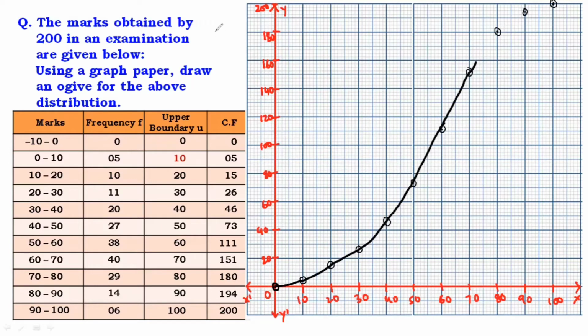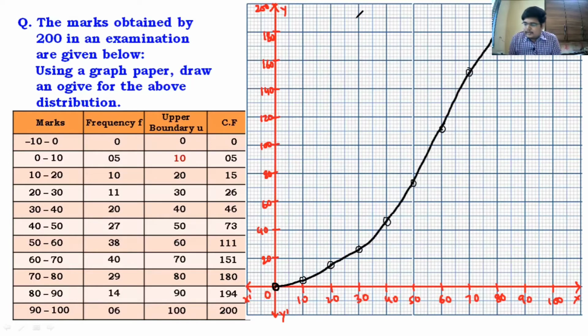It's not exactly smooth. And here we go, guys. This is a perfect ogive. Because I am on this writing pad, there's hardly any space for me. But ideally, you should not lift your hand. You should try to complete it in one complete stretch. Then you can really get a perfect ogive.